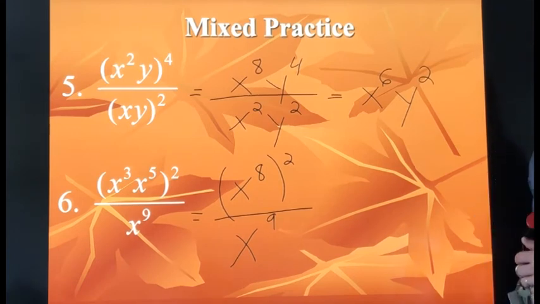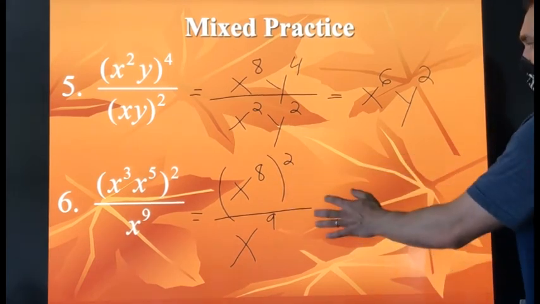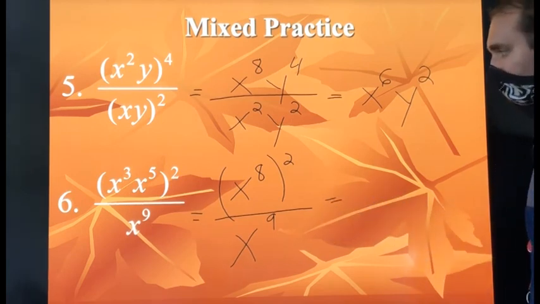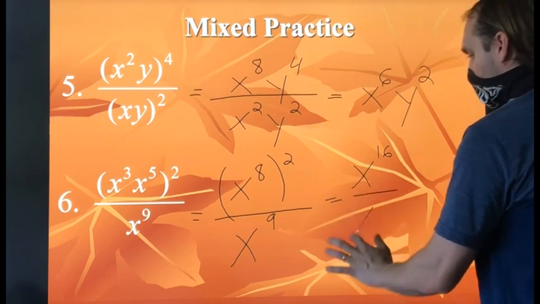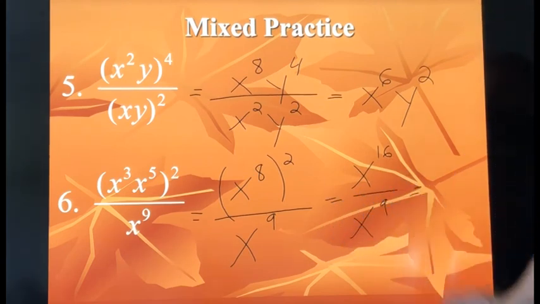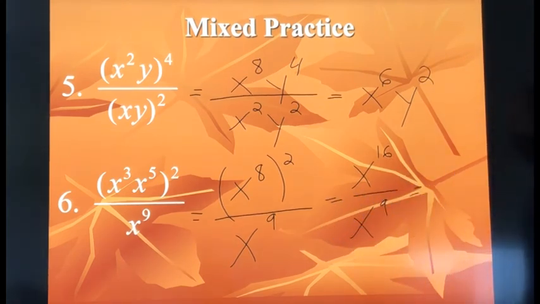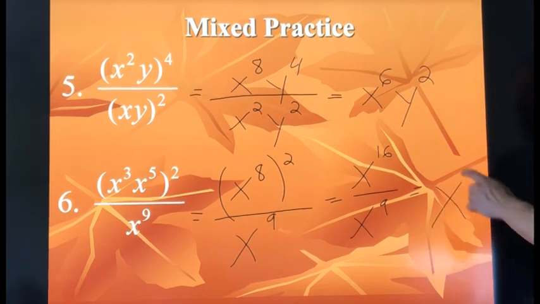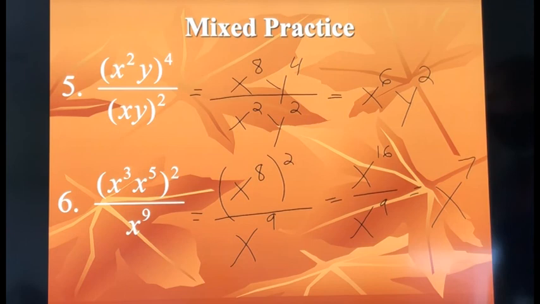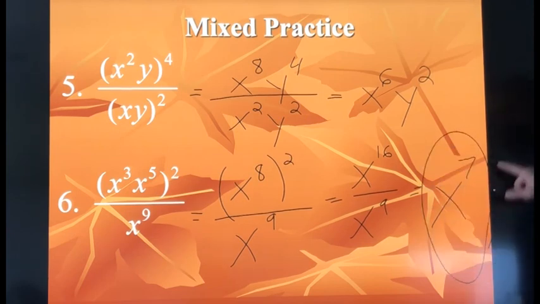What rule do we want to do next? A power raised to a power, which does what with the exponents? Multiply. So it's x to the 16 over x to the 9. One more rule to go. Subtract. So it comes out to be x to the 7th power.